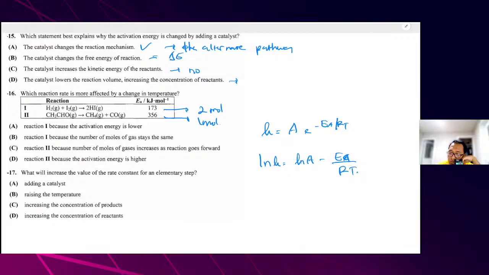So if we are increasing the temperature, we want to know the EA, right?